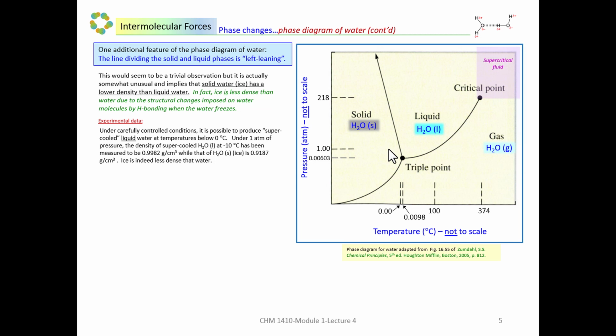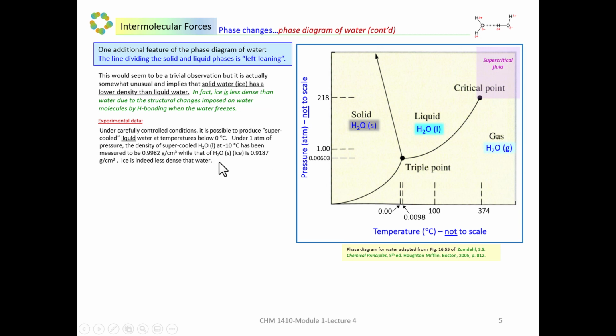If the density of that liquid form of water at minus 10 is measured, it's measured to be 0.9982 grams per cubic centimeter, while ice under those same conditions, 1 atmosphere of external pressure, minus 10 degrees, is only 0.9187 grams per cubic centimeter.